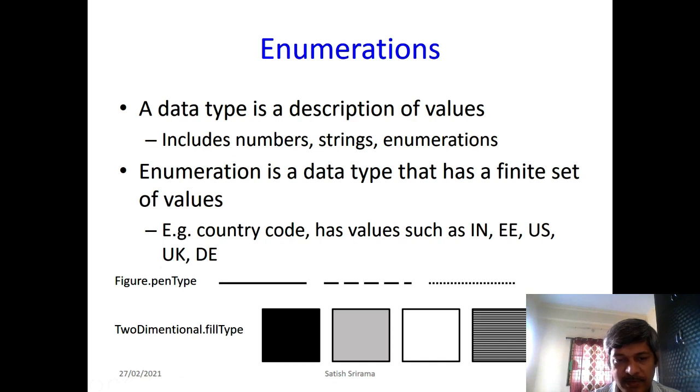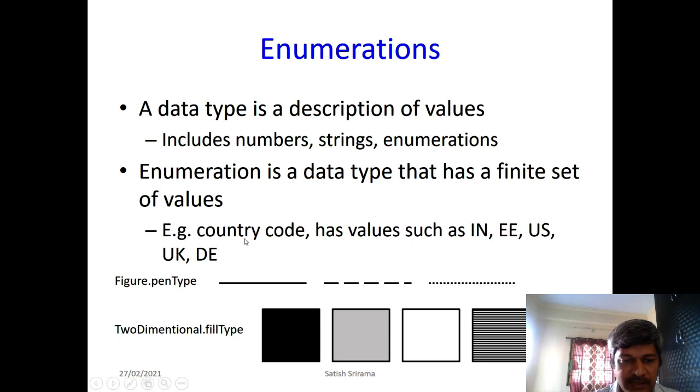The pen type can be a straight line, a dashed line, or a dotted line. If our application has only those three types, so it has a finite set of values, then it is better to represent them using enumerations.